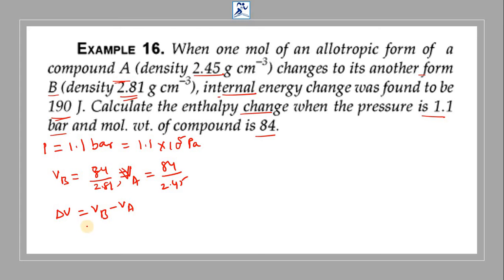And that you can substitute here. 84 is a common value. It will be 1 by 2.81 minus 1 by 2.45.